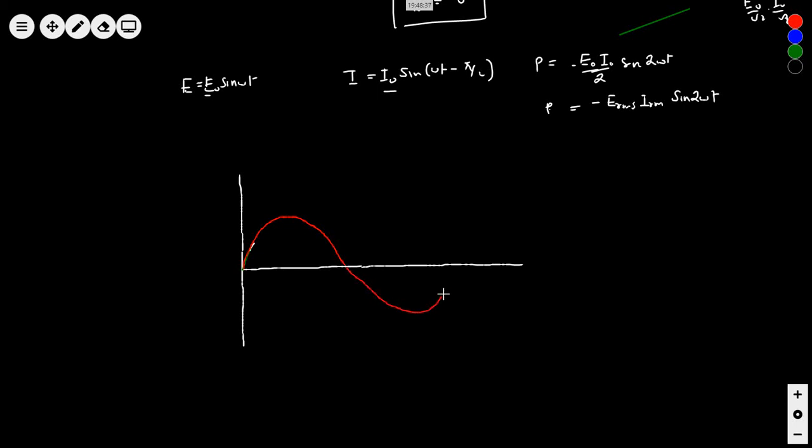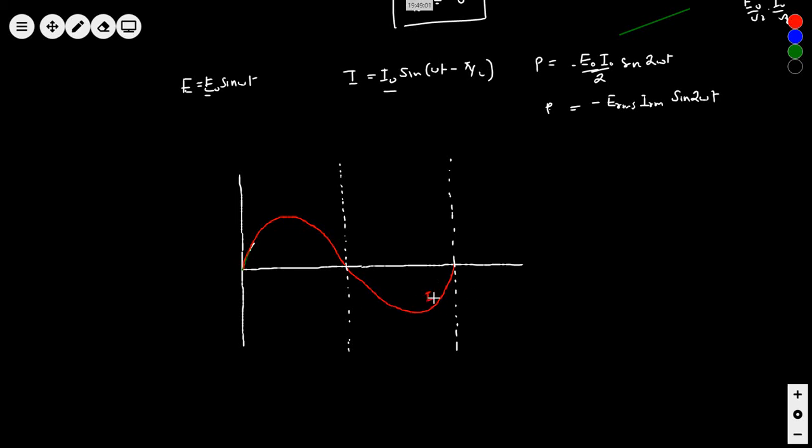So here is our one cycle. Let me draw rough lines. Okay, let us draw these lines properly. Done. Now this is current I.